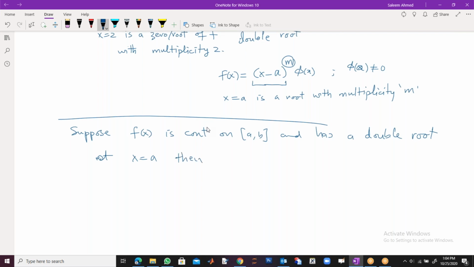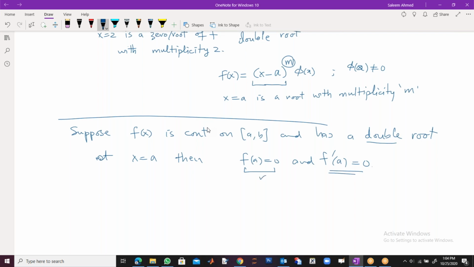Then f(a) is 0 and f prime at a is also 0. Whenever your root is double, your function will be 0, of course, because it is a root. So this has to be true all the time.